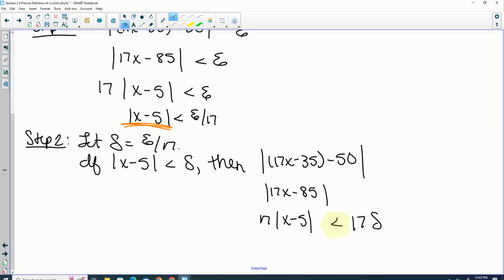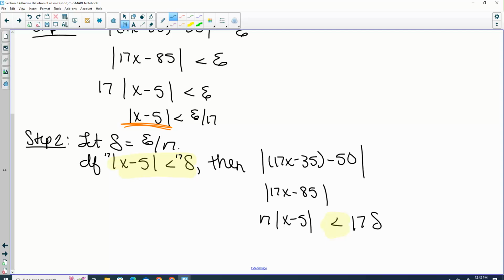Oh, because it's just trailing along. All I know is that the absolute value of x minus 5 is less than delta. Okay? So if I want 17 times that, you would have to multiply both sides by 17. So it's 17 delta. Because this side had a 17, so I have to multiply the other side by 17.